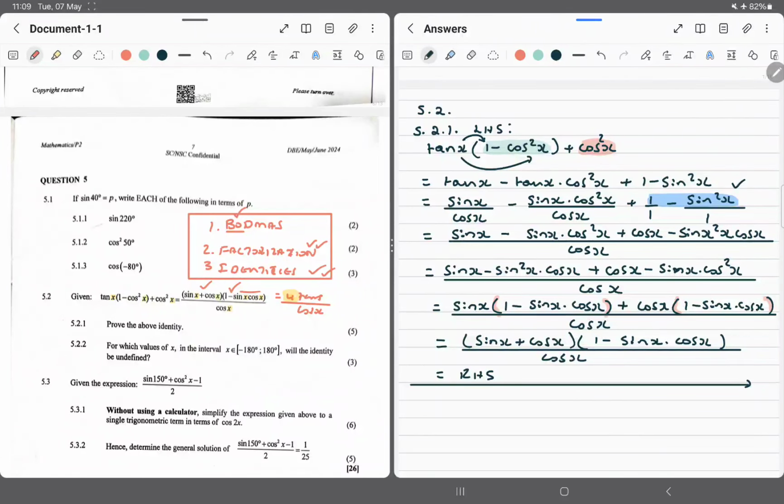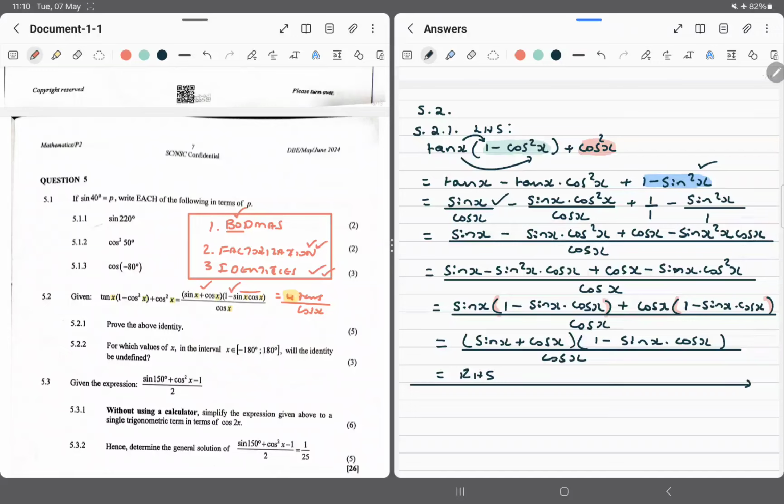And then using the 10 identity, maybe I should have marked this one differently. This is marked here so that we don't create confusions. That's a mark. And then using the 10 identity, that's another mark.